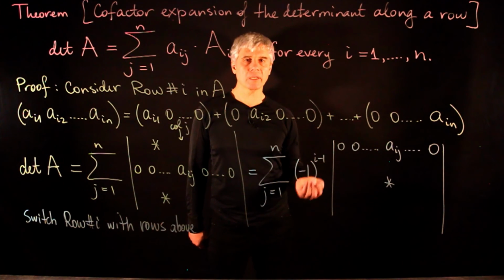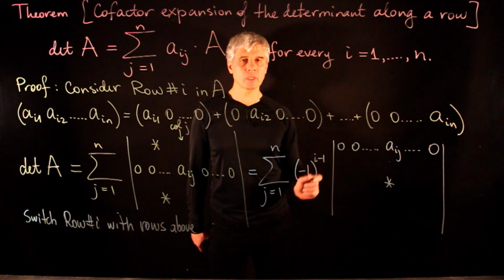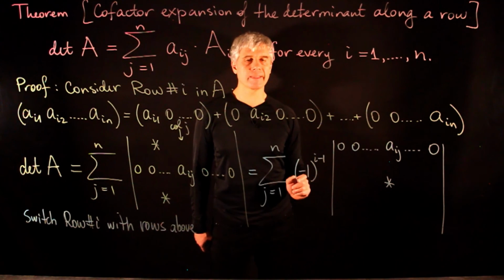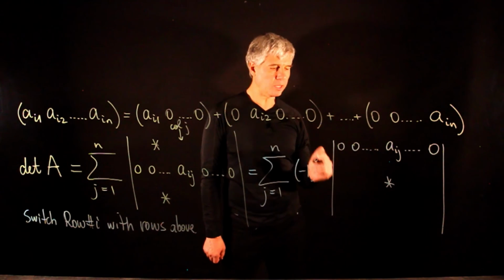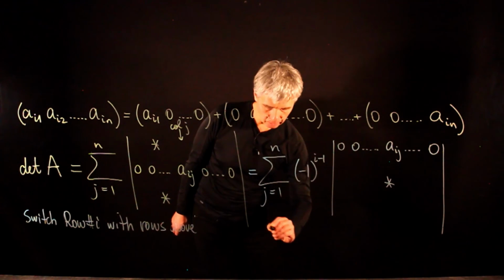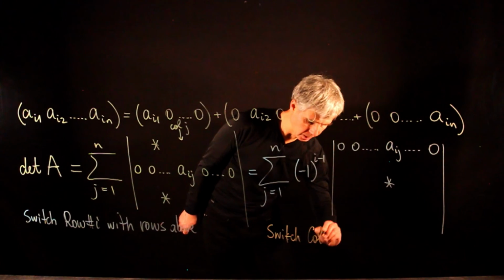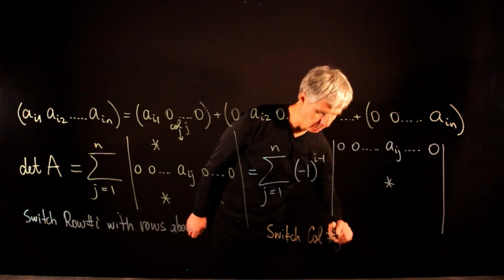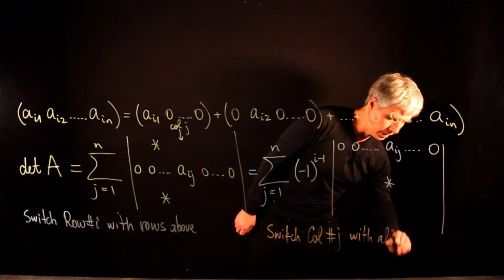This would mean in particular that when we switch two columns of a matrix, the determinant also switches sign. Now I want to move this entry aij to the top left corner. So this we can do by switching column number j with all previous columns.